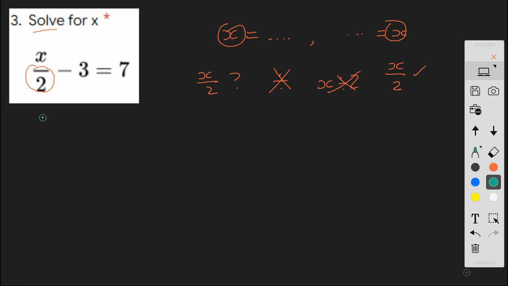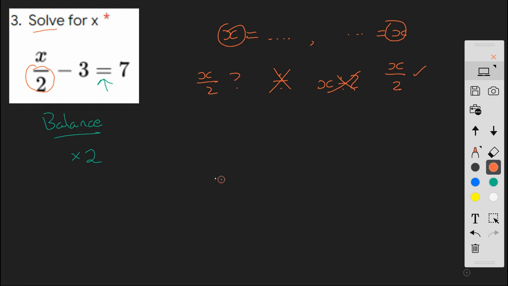Now, our key skill when we solve equations is to retain balance, in that these two sides of the equation are equal. So any operation that we do to one side, we have to do to the other side. So our knowledge of inverse operations tells us that the inverse of dividing by 2 is to multiply by 2.